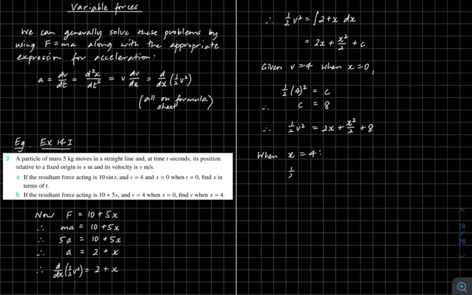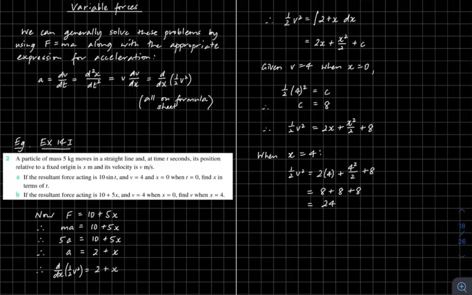So we're going to get half v squared is 2 times 4 plus 4 squared over 2 plus 8, so it's that 8 plus another 8 plus another 8, which is equal to 24. Is that right?